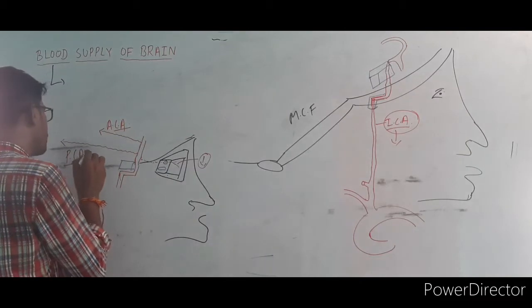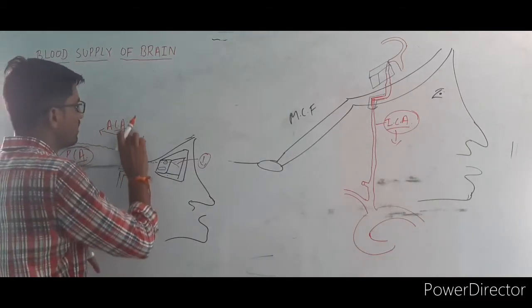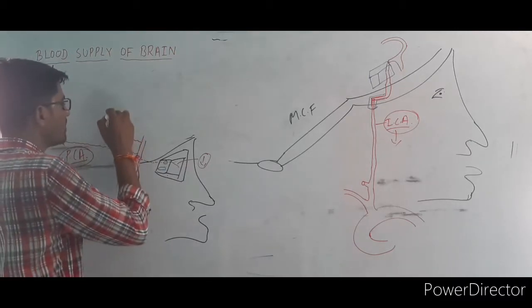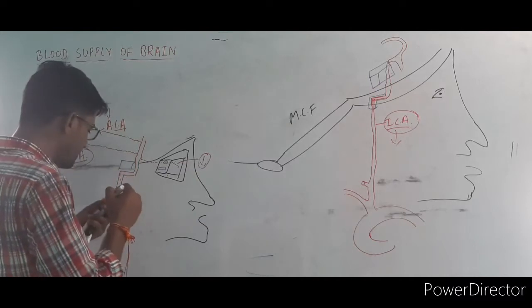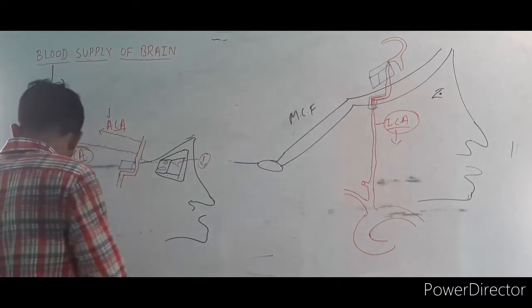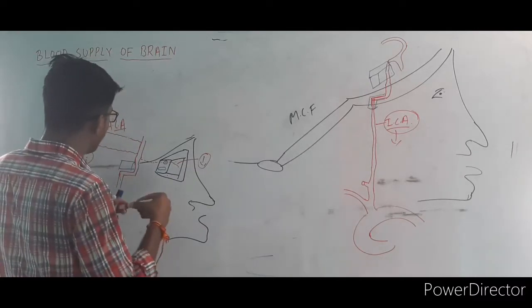This is the posterior communicating artery, that is the right answer. What is this? Actually, this goes posteriorly, but it is also called the anterior cerebral artery. Is it the anterior cerebral artery? Think.